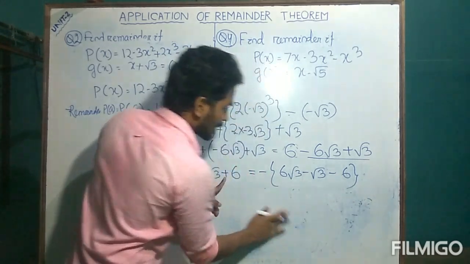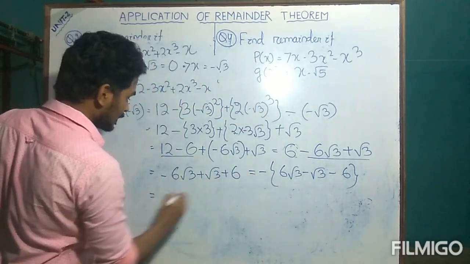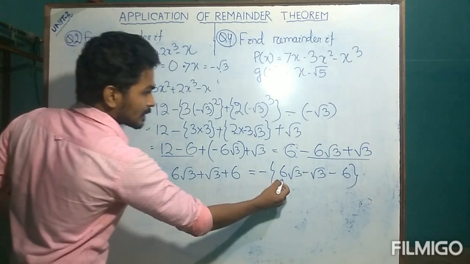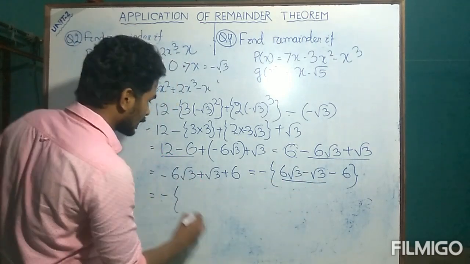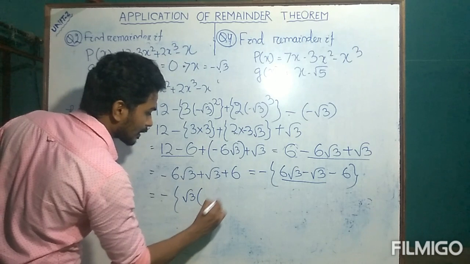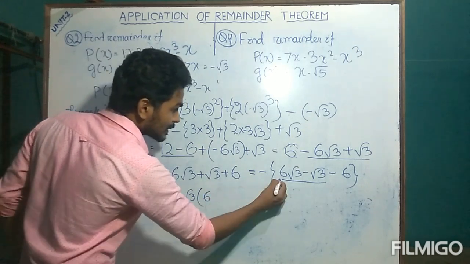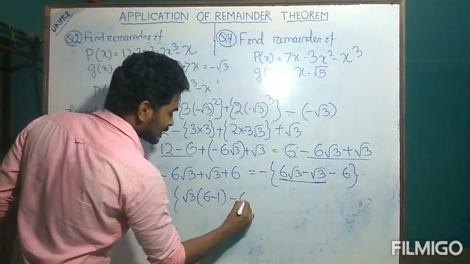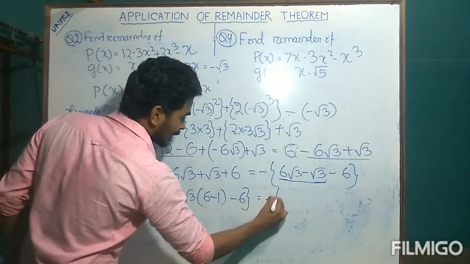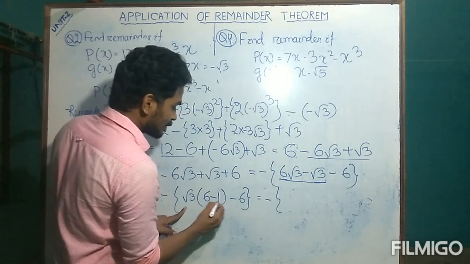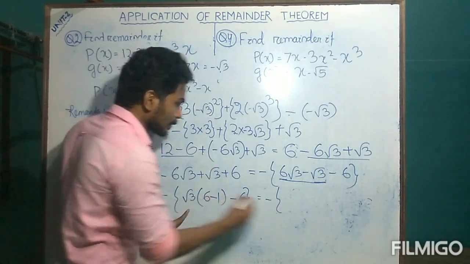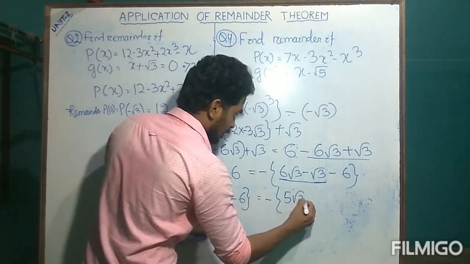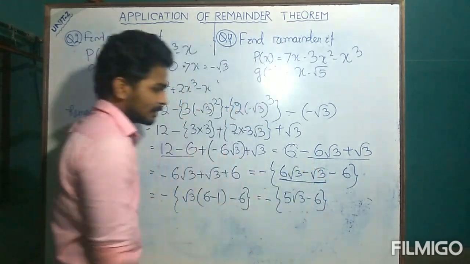Okay. Then let me show you. This is minus. These are the two irrational numbers, so we can take root 3 as common. So what do we have? 6, and from this we have 1. Then minus 6, so 6 minus 1 is 5. So 5 root 3 minus 6.